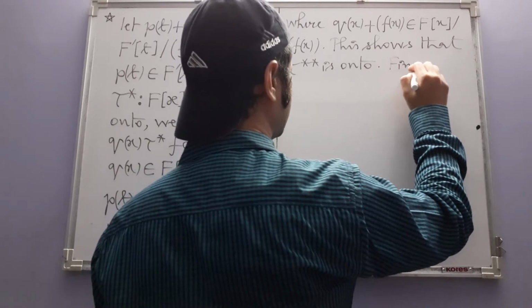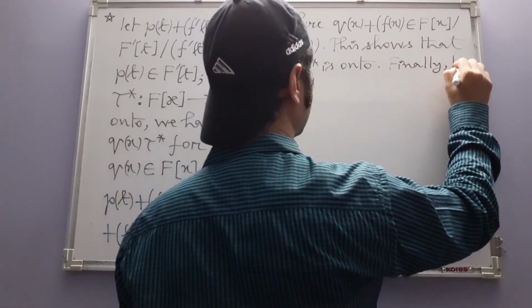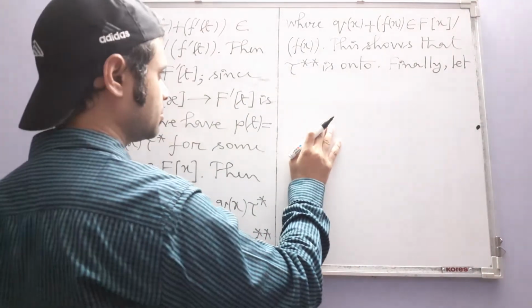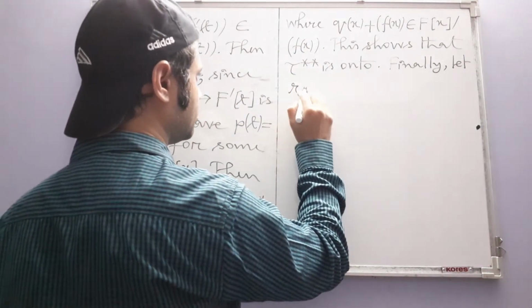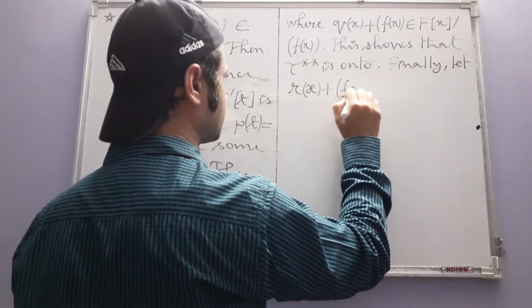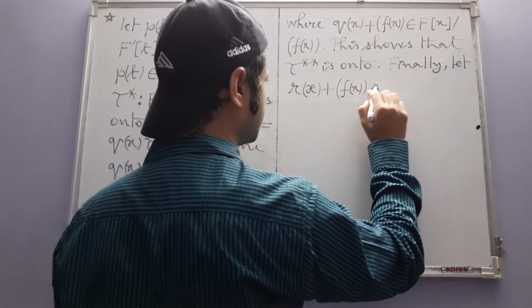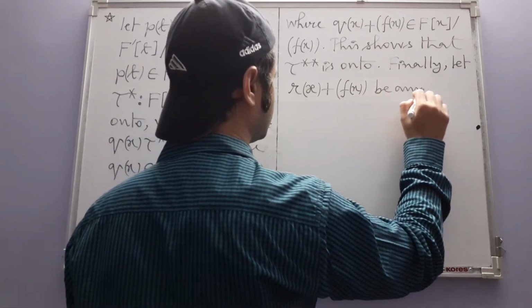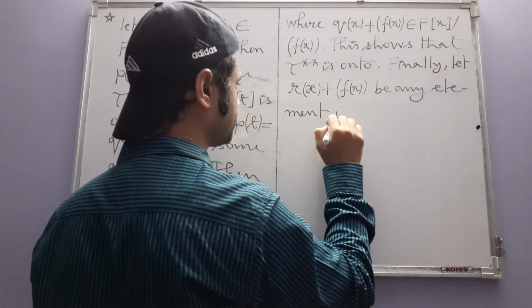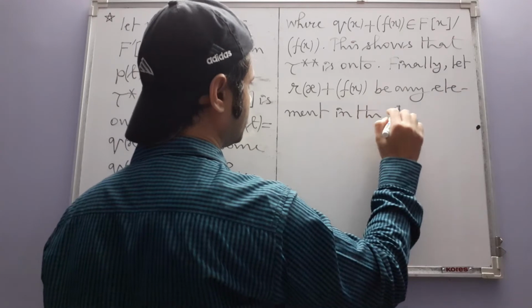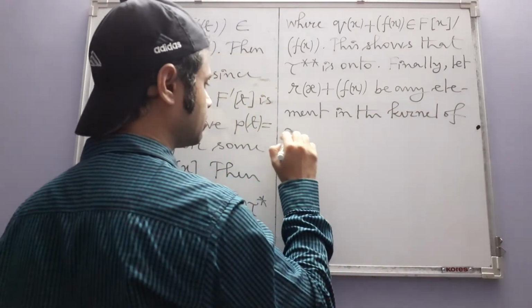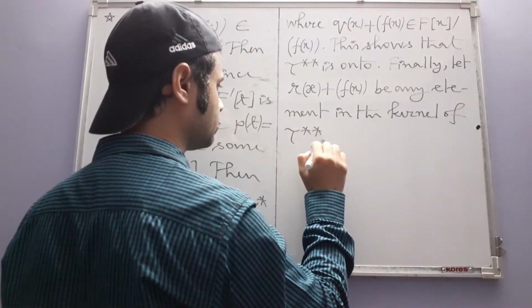Finally, let rx plus the ideal generated by fx be any element in the kernel of tau double star.